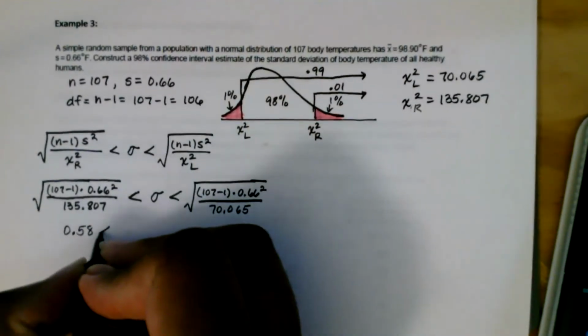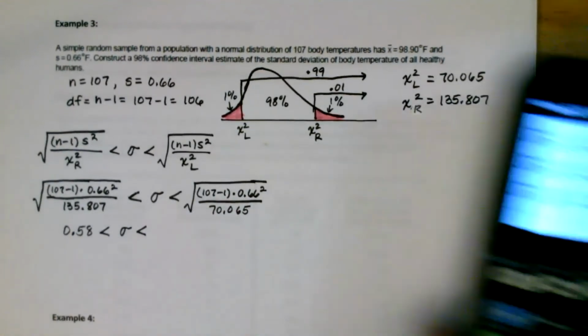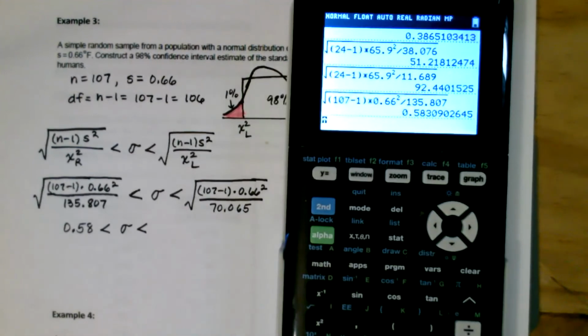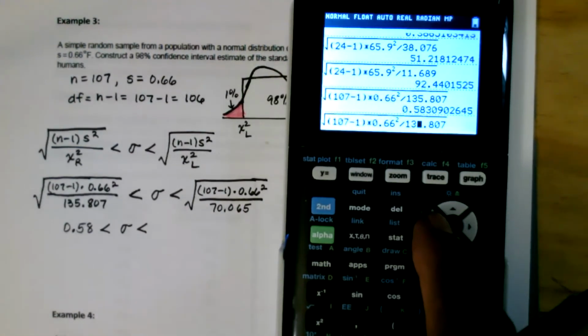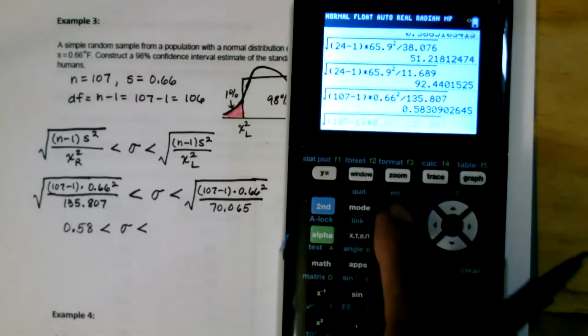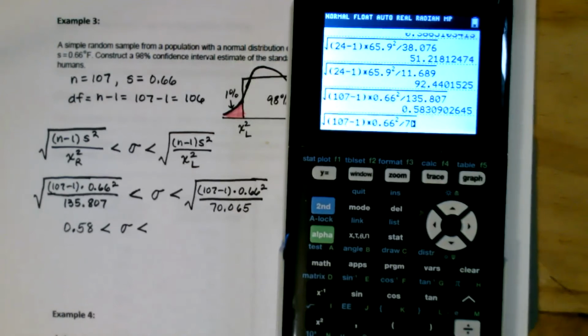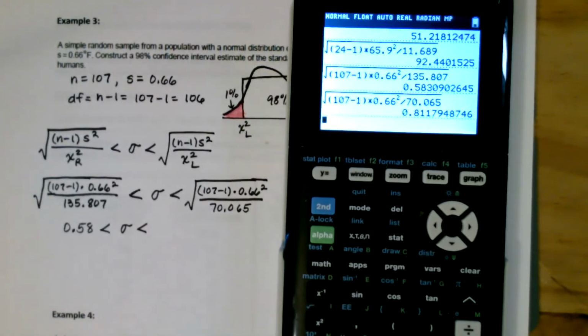And that's going to be less than sigma and less than. I'm going to do second and enter. Change the denominator of 135.807, I'm going to delete this to 70.065. And to 2 decimal places, that would be 0.81.